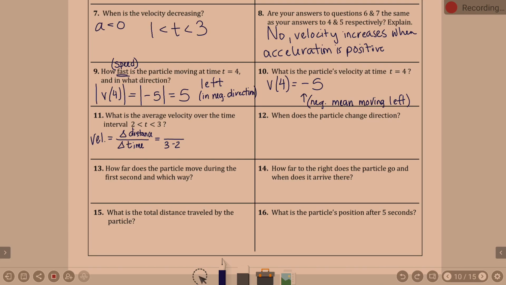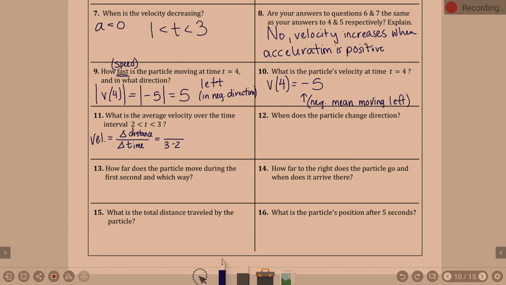So where did we talk about it yesterday? Okay, bottom of page 145. We talked about velocity versus time graphs. And the question was, that second question, what does the area under the velocity versus time graph tell you about the motion of an object? And it tells you the total distance traveled.